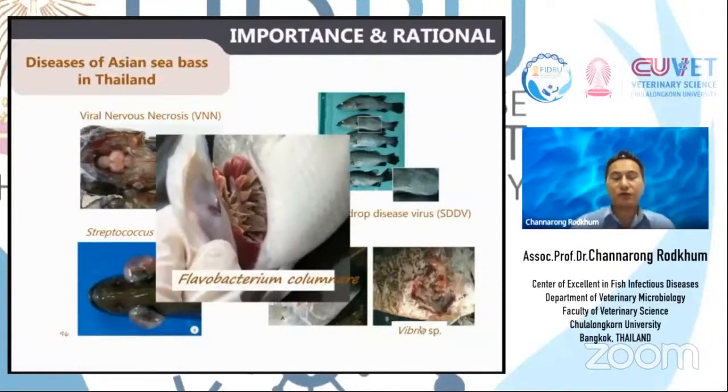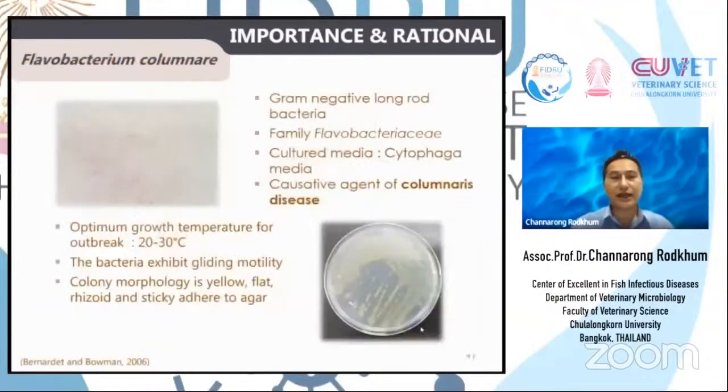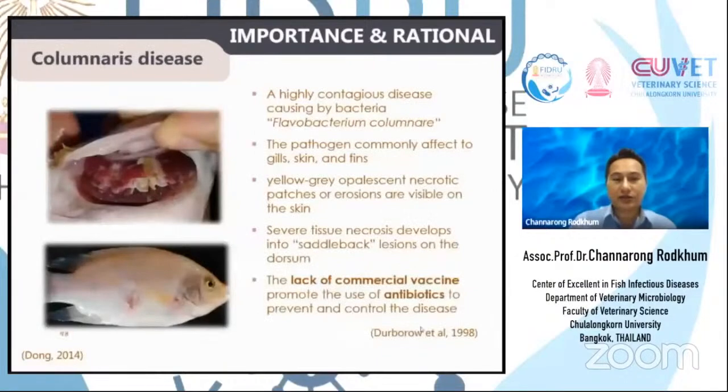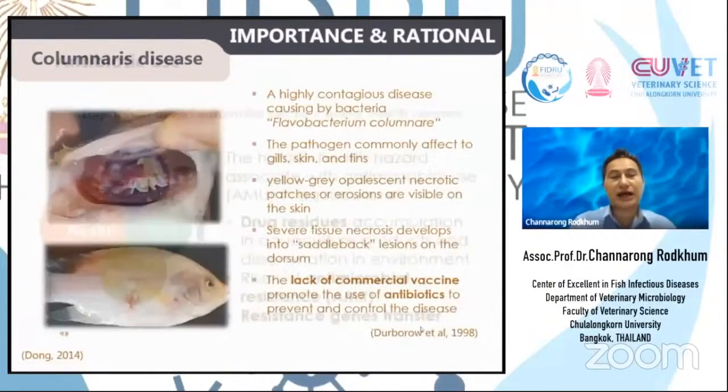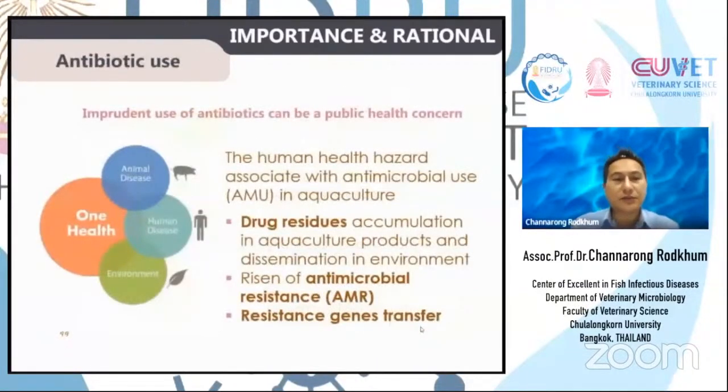And finally, Flavobacterium columnare is a disease that we found quite a lot in freshwater cultured Asian sea bass in Thailand. The basic study about Flavobacterium columnare bacteria will be the same as in tilapia, and the clinical signs will be similar to tilapia also.